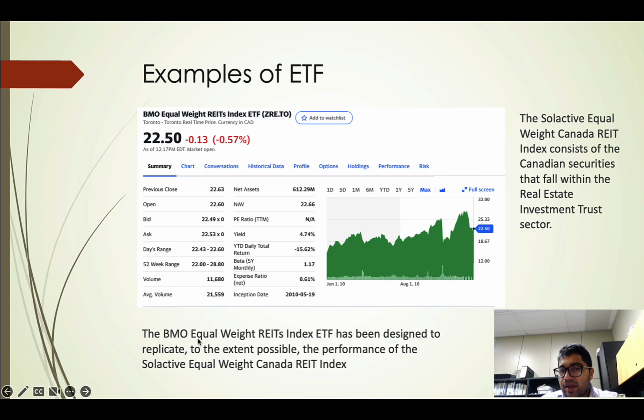Okay. So it tracks a REIT index. It consists of Canadian securities that fall within the real estate investment trust sector. So these are property management companies that this index invests in. So when you invest, you have a possibility of capital gains if the REIT index rises, and you also get a dividend of 4.74%.